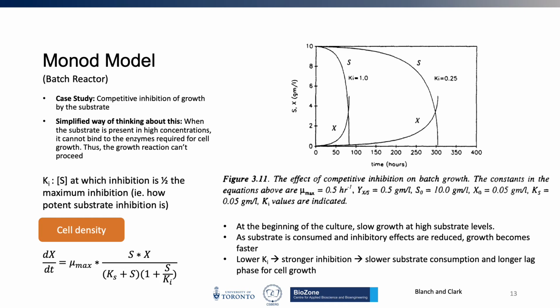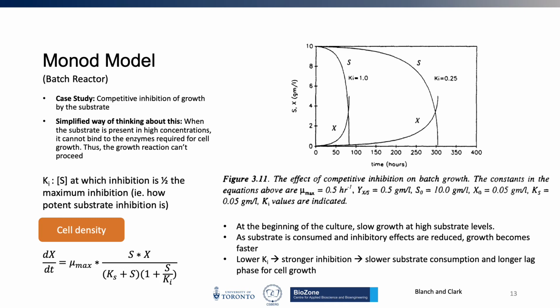Once you solve for S and X, as usual, you can plot S and X versus time for different K sub I values, as you can see in this figure here. In general, at the beginning of the culture, you have slow growth at high substrate levels, and then as the substrate is consumed and inhibitory effects are reduced, the growth becomes faster and faster.